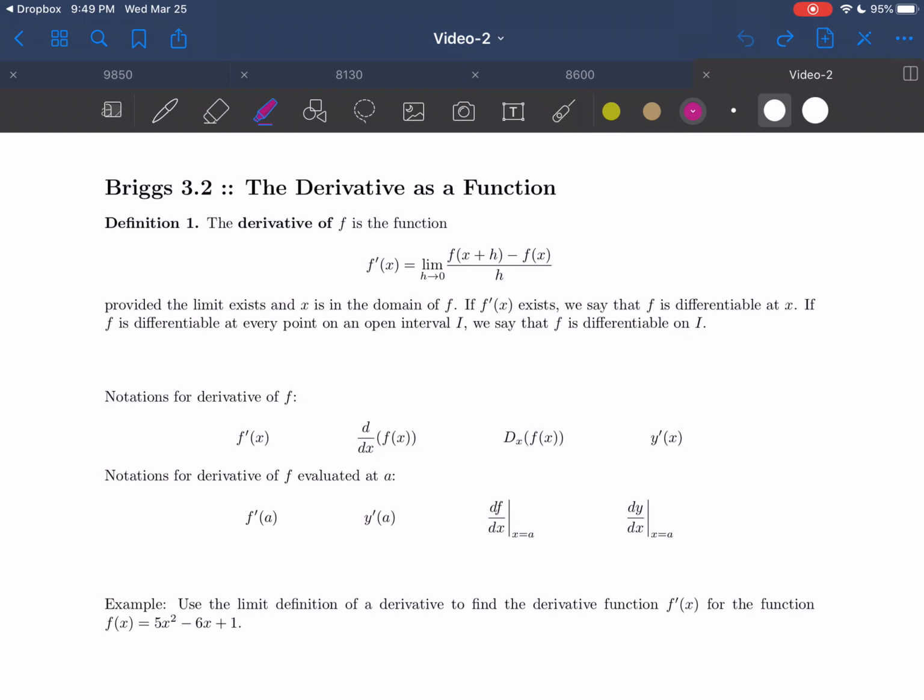So the derivative of f, where f is just some function, is given by this limit, and it's the limit of our difference quotient. And this will be what we call our limit definition of our derivative.